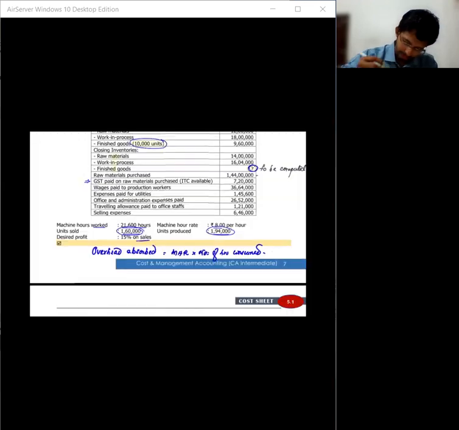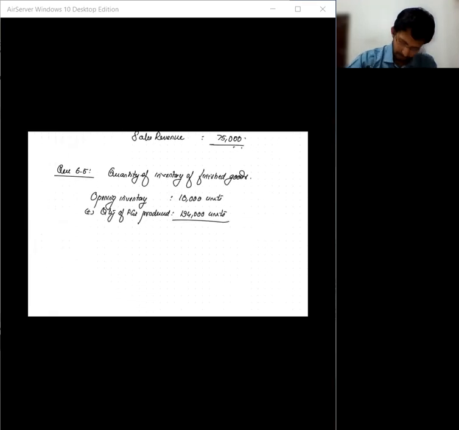With this, you have to add the quantity of finished goods produced. How much did you produce during the current period? You produced 1,94,000. So what is the total number of finished goods available for sale? Available for sale is 2,04,000 units.